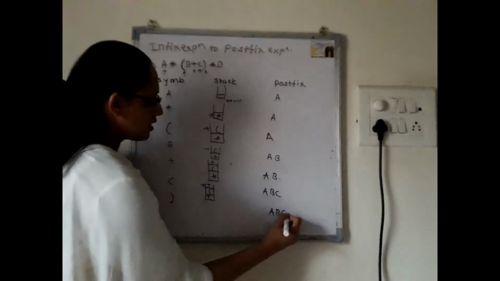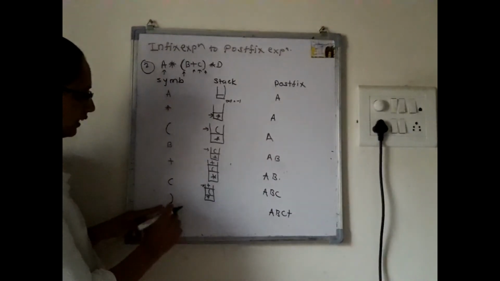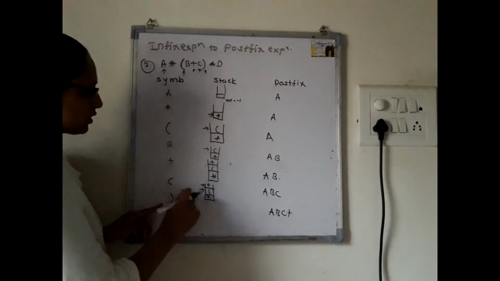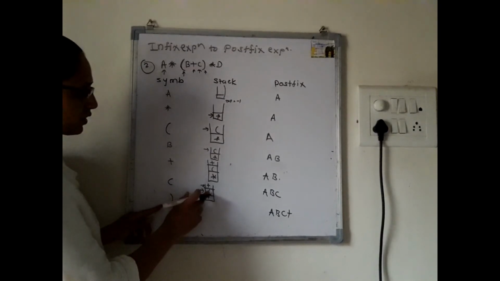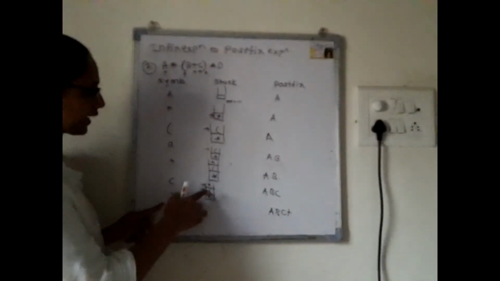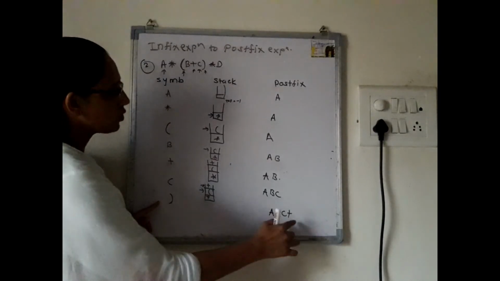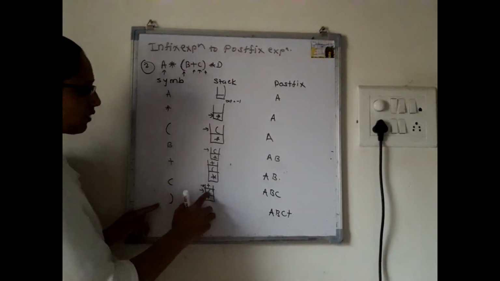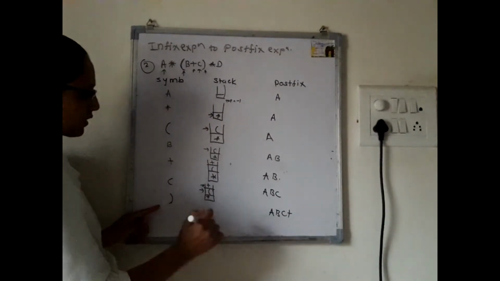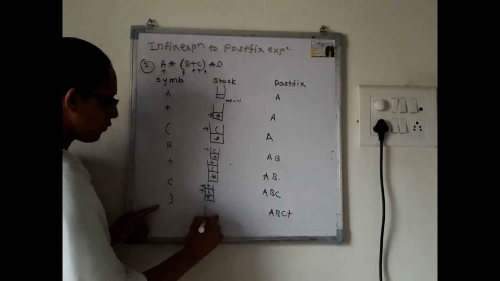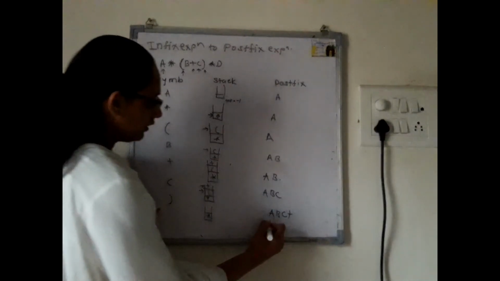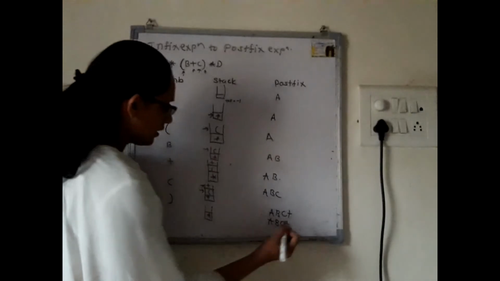So A, B, C and plus. Then we do the next pop operation. This first opening bracket is there, so we will pop this, but we will not attach it to the postfix expression. It will not go into the expression. So in our stack, what is remaining? Star. And this is our A, B, C, plus.